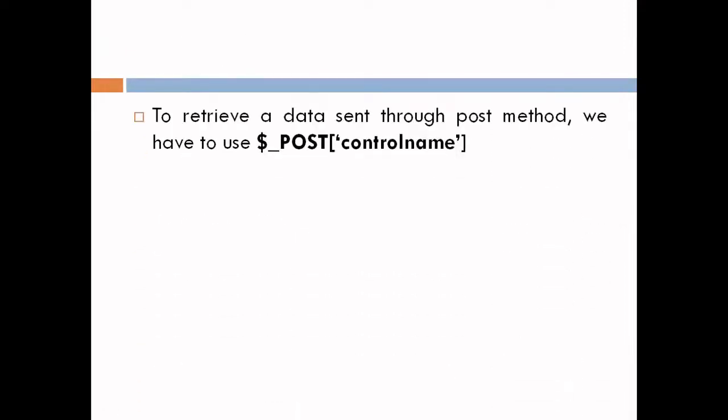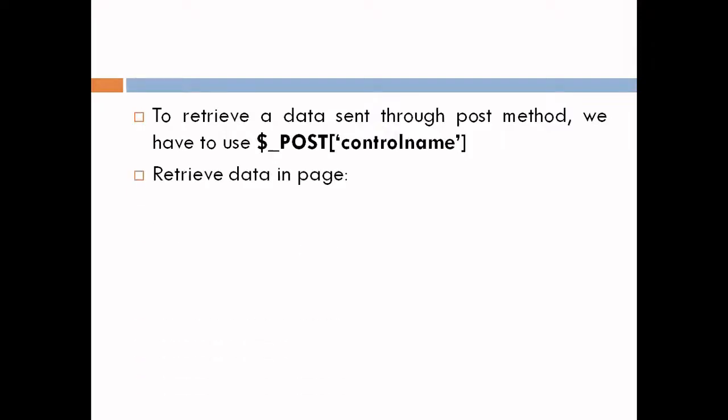To retrieve data sent through the post method, we have to use the global variable $_POST. So we have to use $_POST with the control name in square brackets and single quotation marks. With the help of this, we can retrieve data passed through another form or page.